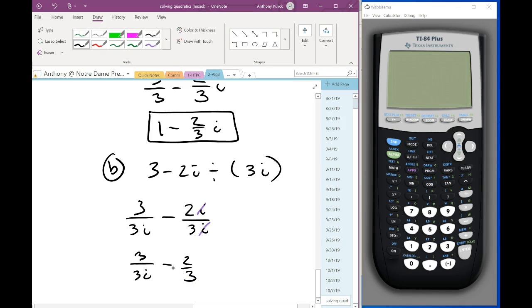Is what we have now a complex number, though? It's not written in the form a plus bi. Mostly the issue is that my i is in the denominator of my fraction.